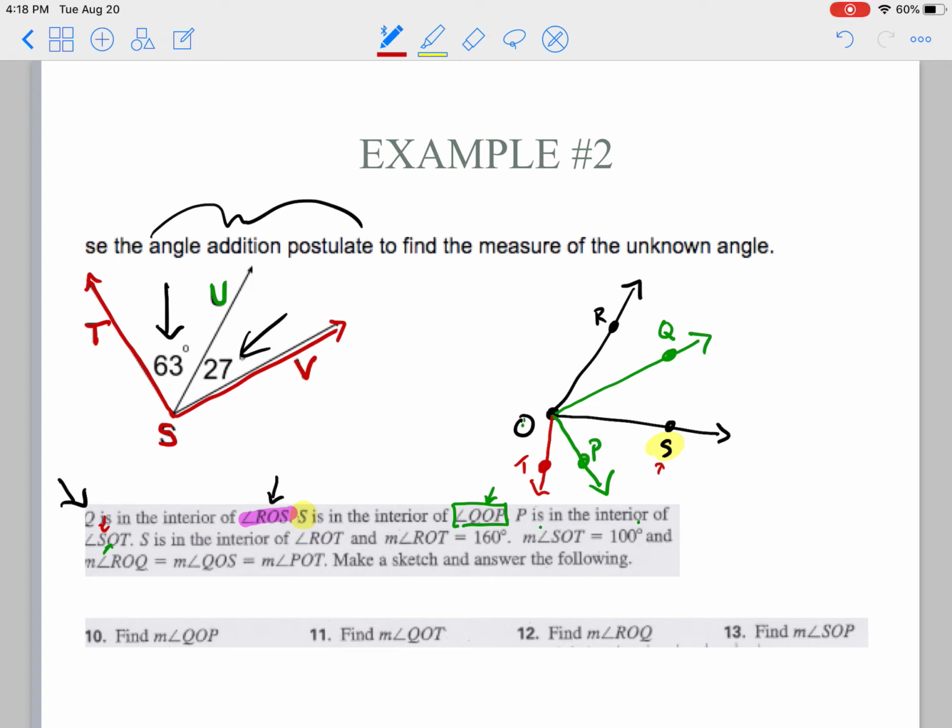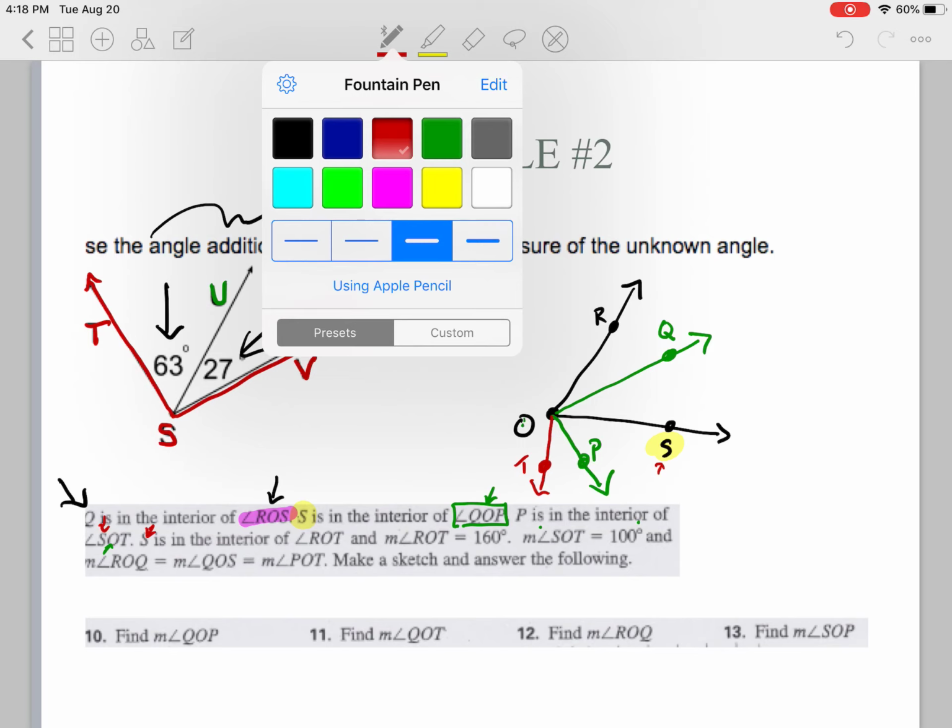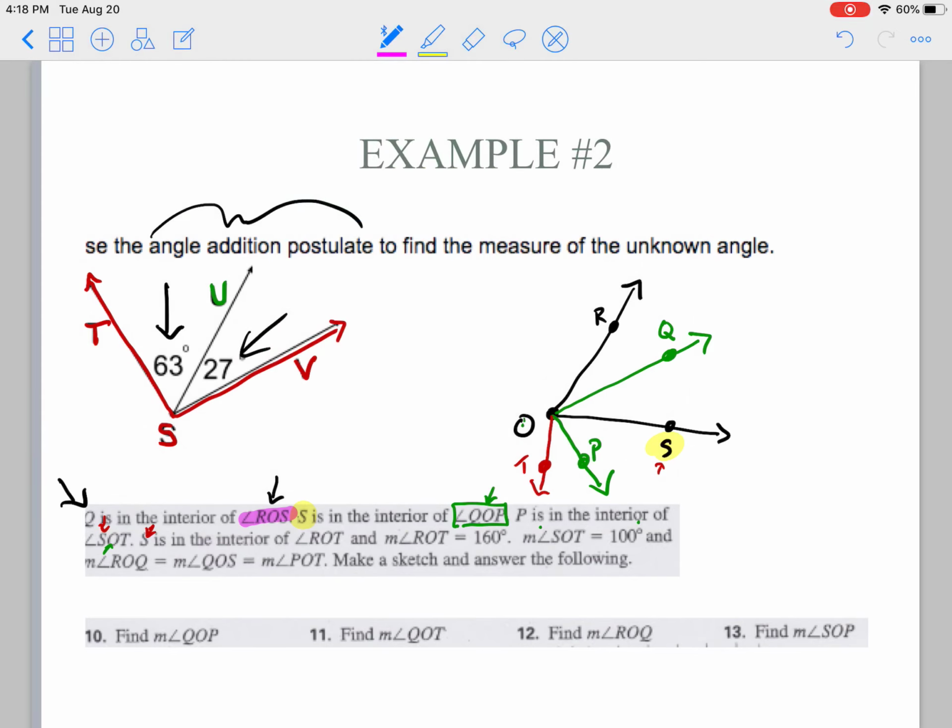And so finally, this same S is in the interior of R-O-T. Well, just briefly, if I know it's in R-O-T, could I draw my R over here somewhere? Well, no, because S is not between it.